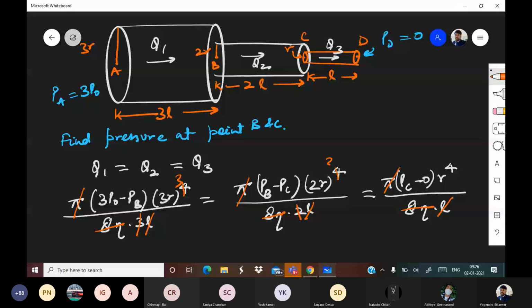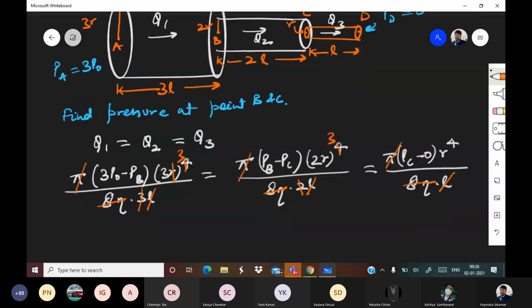This 2 and this is 2 to the power 3. And that's it. Apart from that, R to the power 3, R to the power 3, basically it was R to the power 4, and this R to the power 4. This is also cancelled.